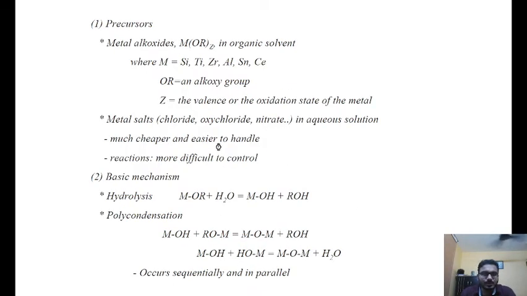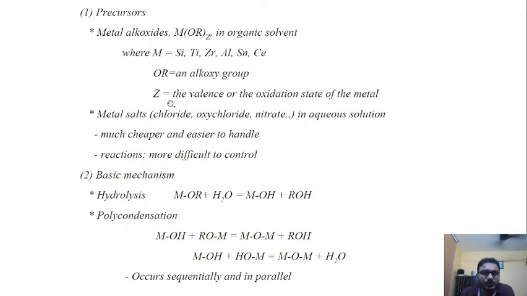Next is precursors. Metal alkoxides are designated as M(OR)z in the organic solvent. Here we need to understand that M is one of these materials or substances, OR is an alkoxy group, and Z is the valence or oxidation state of the metal.